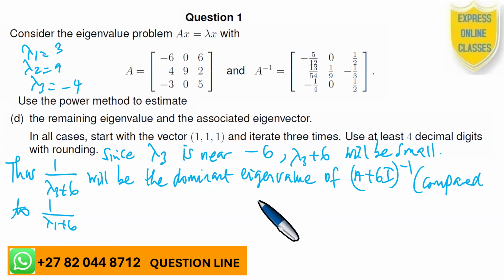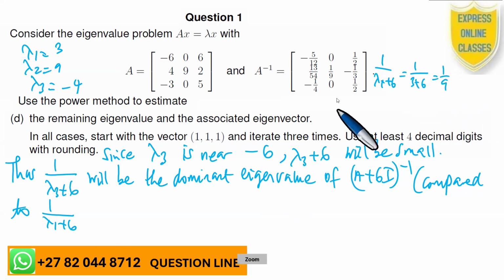So if we deal with 1 over lambda 1 plus 6, which is 3 plus 6, 1 over 9. Okay, we continue.